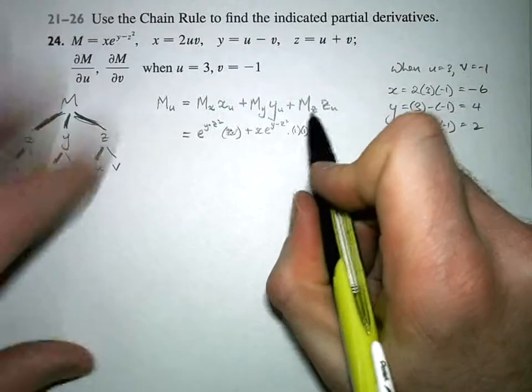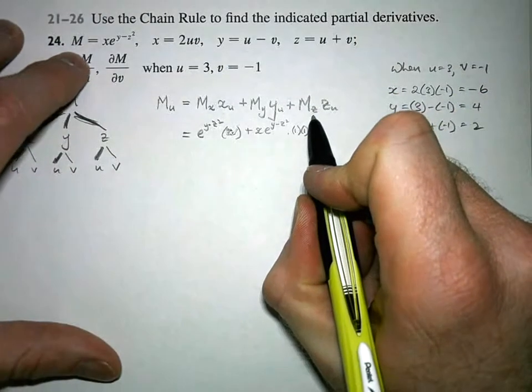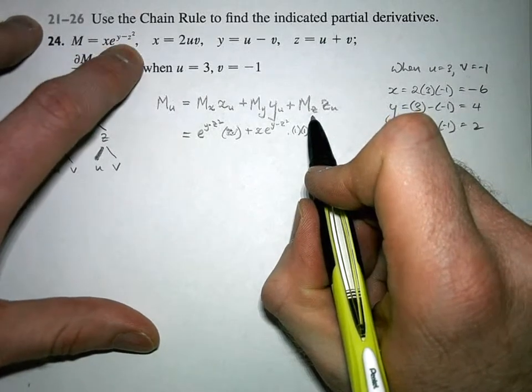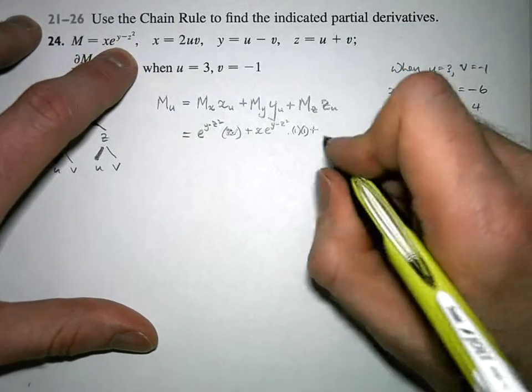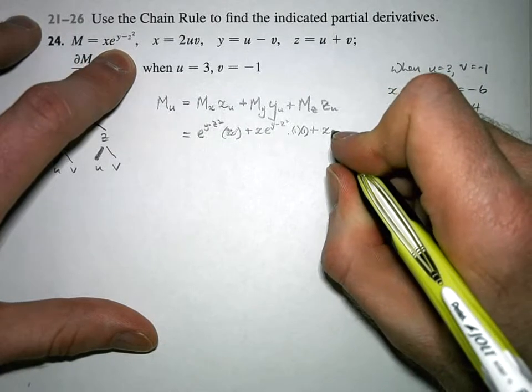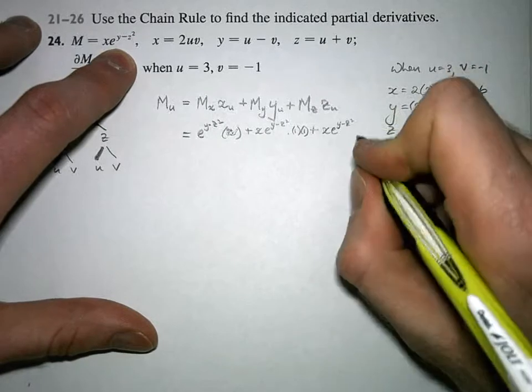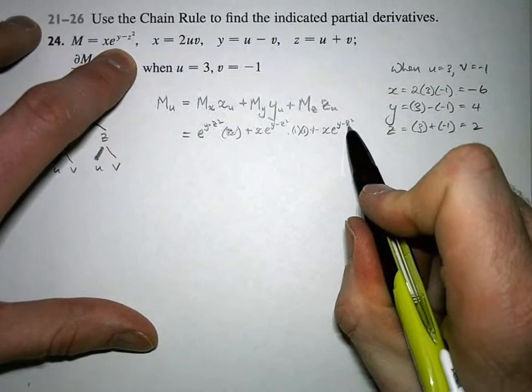Plus our last term over here, derivative of m with respect to z. This is the most interesting one. Here we've got a constant times e to the power of a function of z. So we differentiate the outer function and we just get the constant times e to the power of the function untouched. Now we multiply by the derivative of the inner function.